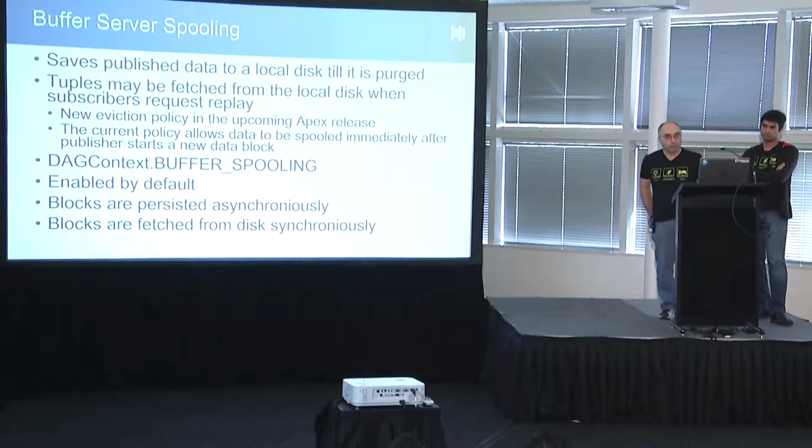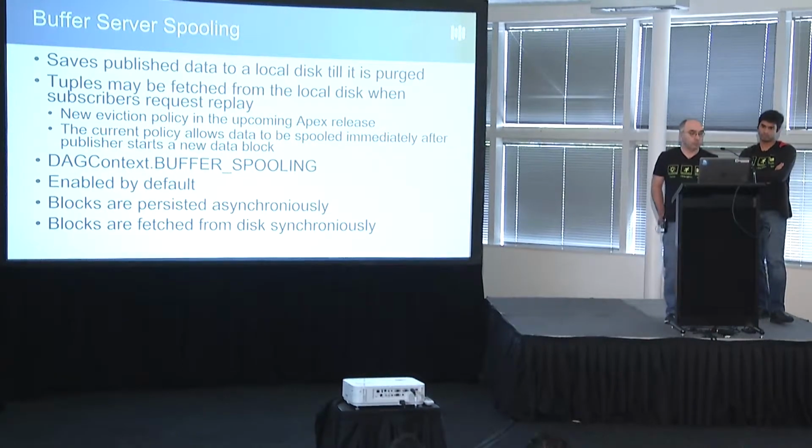So let's take a look at how spooling is done, right? The buffer server doesn't need to be fault tolerant, because its lifetime is the same as the lifetime of the container itself, and it is used for resubscription or replay of tuples.